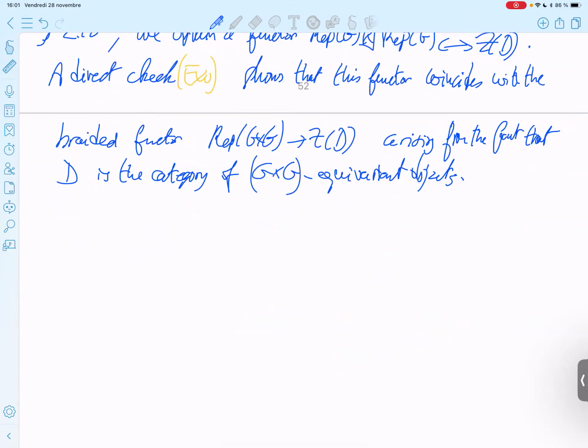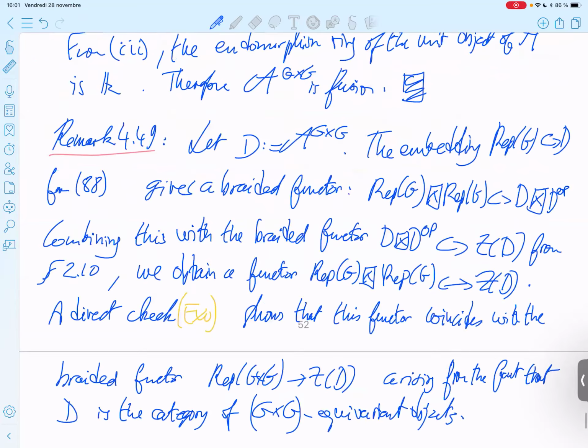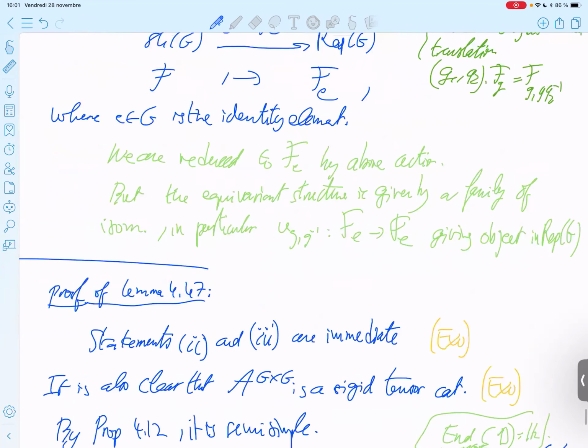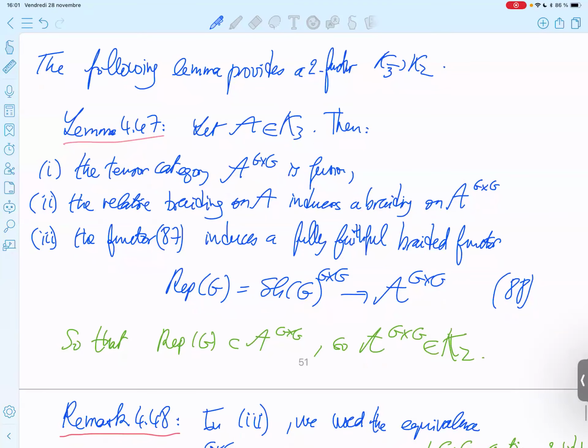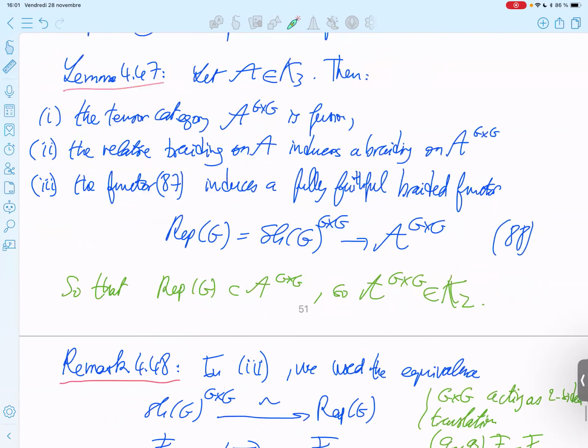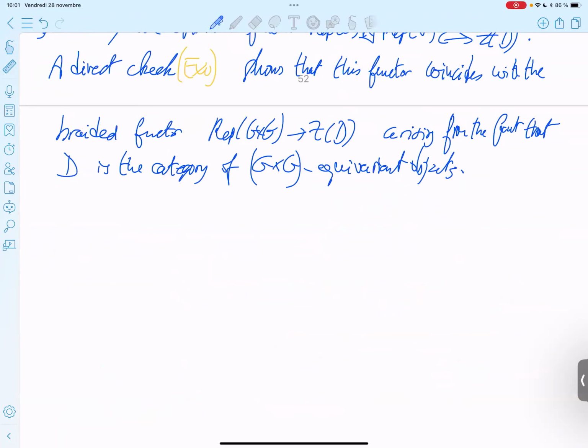Okay. So the next lemma says that the previous functor from K3 to K2, constructed in the lemma, mapping A to that, is a 2-equivalence. In the next lemma, we will explain how to make the inverse.